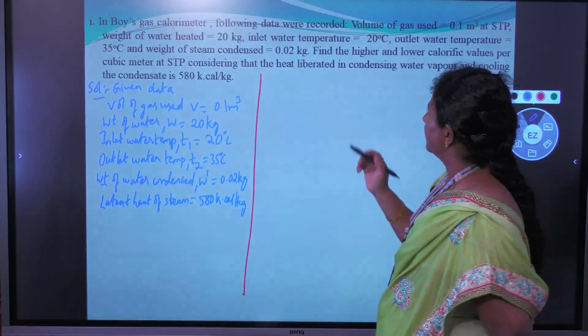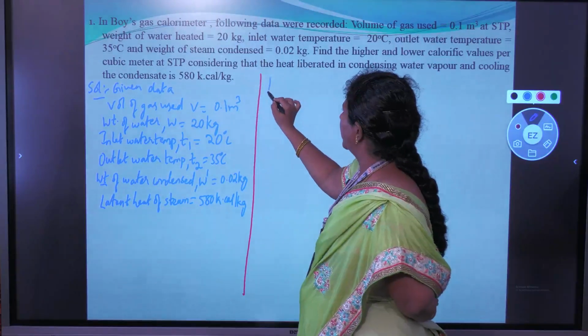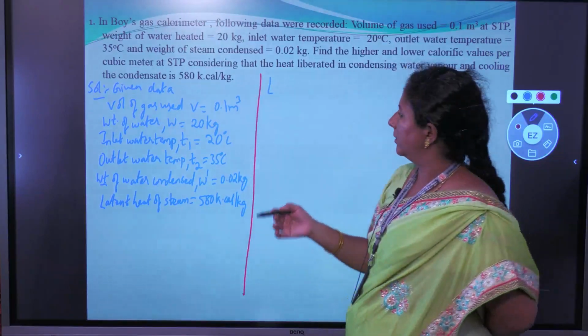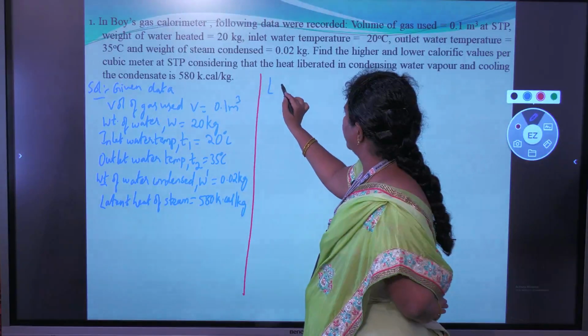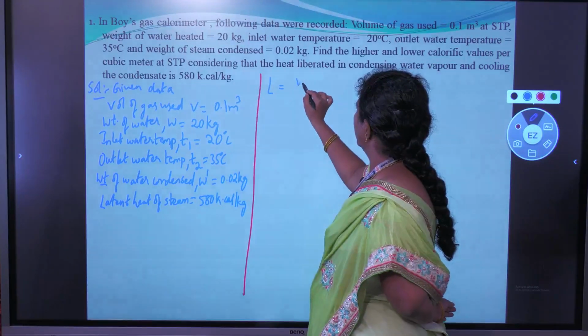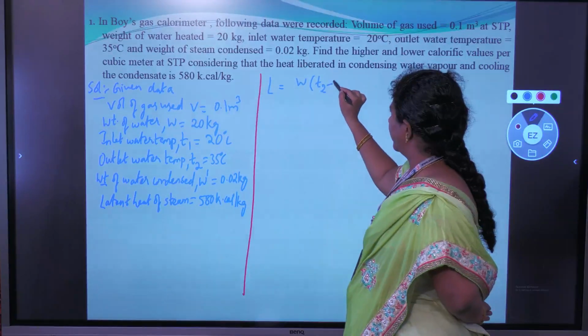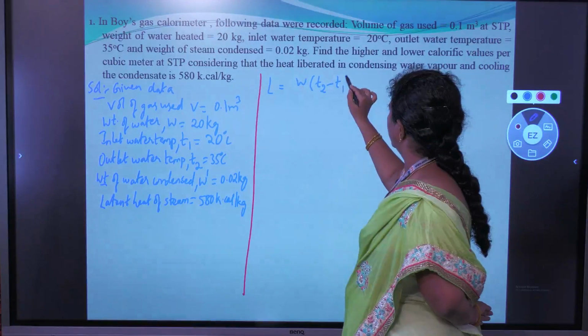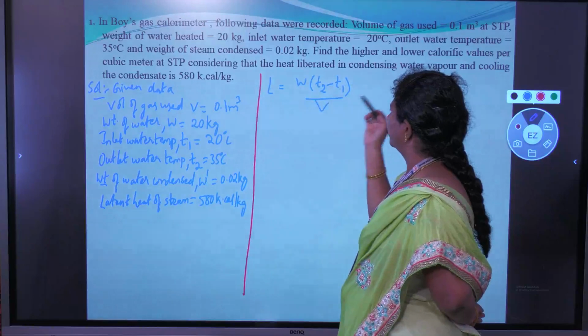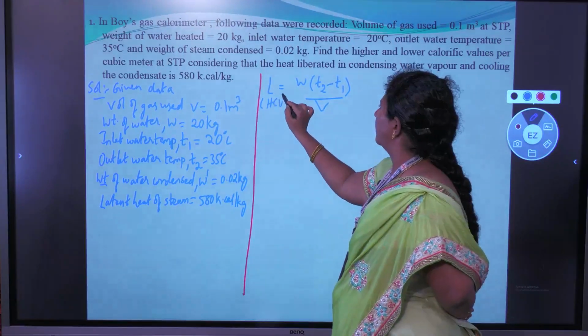Now first we have to calculate the higher calorific value. Higher calorific value means L. The formula given to us is L is equal to W into (T2 minus T1) by V. Here L means high calorific value.